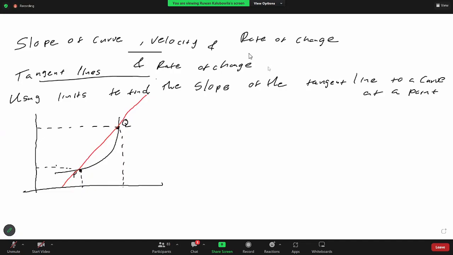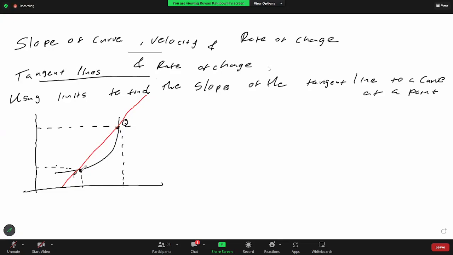So if you need to find the slope of this line, you can find it using these 2 points, right? That's the actual thing. But you have to find the slope of the tangent line at a point. So the point is P.